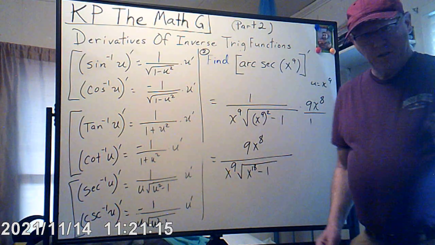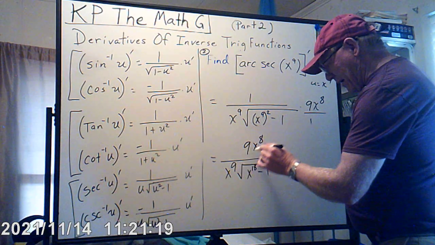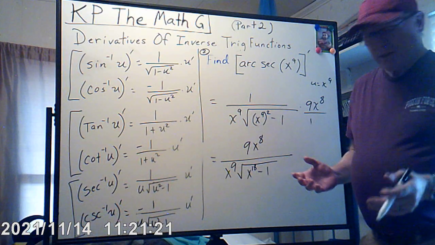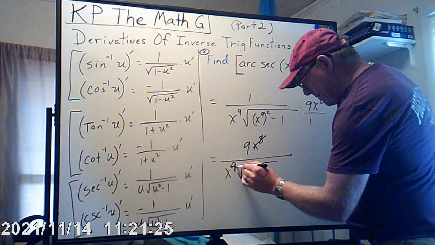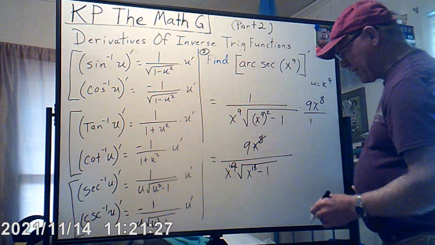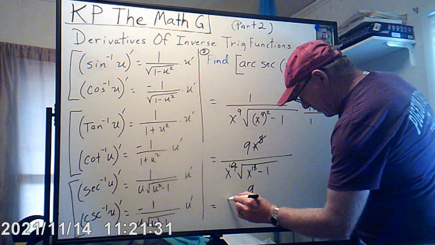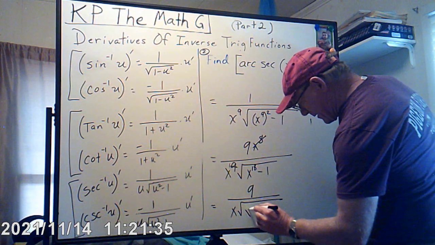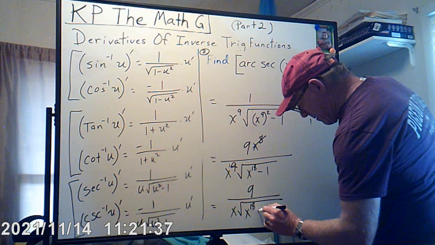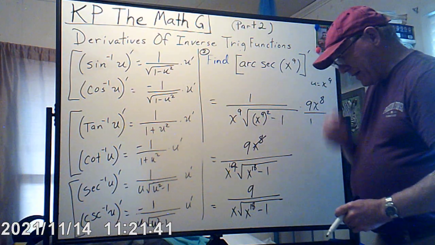Now, just look what we've got here. We can divide out x to the 8th, so we take out 8 of these and leave 1 here. So that just leaves us with 9 over x times the square root of x to the 18th power minus 1. And that's it.